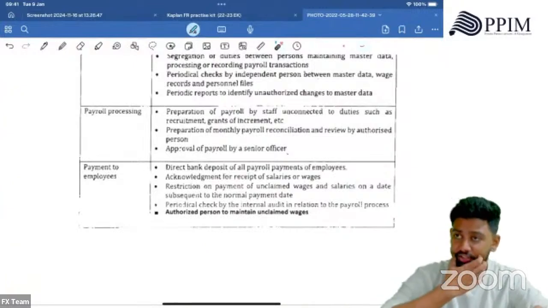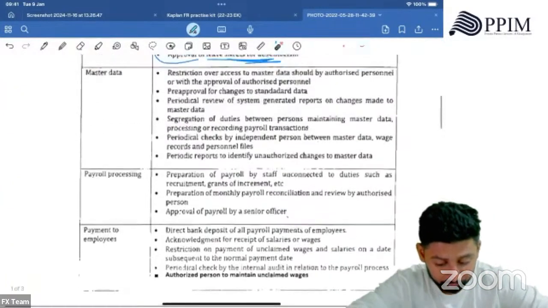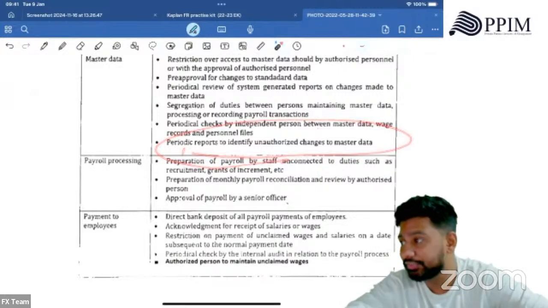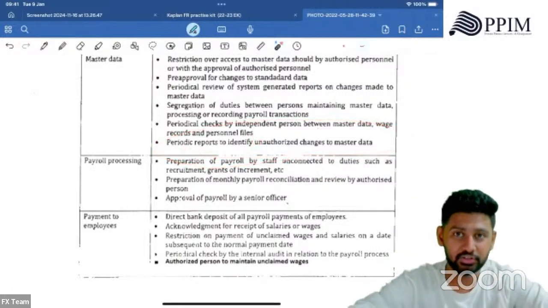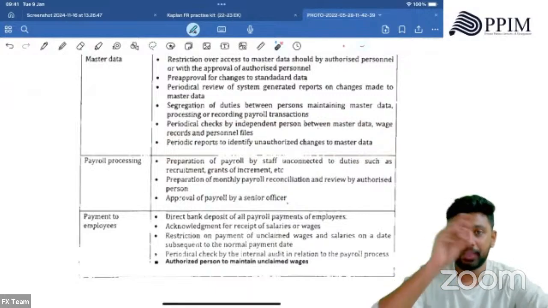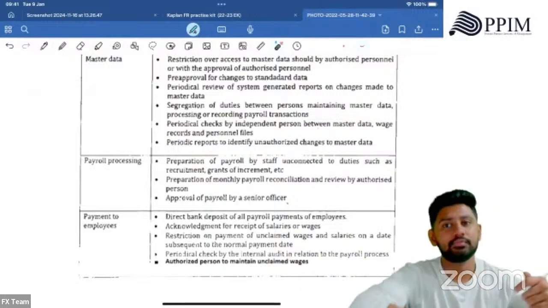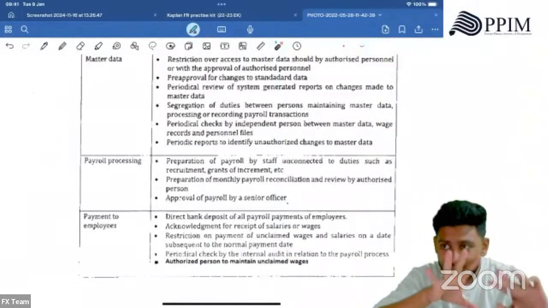There is no excuse there. So periodic reports to identify unauthorized changes in the master data. This is for payroll, but I'm talking about our LMS software. Even PPM's payroll system, we've made sure that any changes immediately send an email. So that's how it has to be.